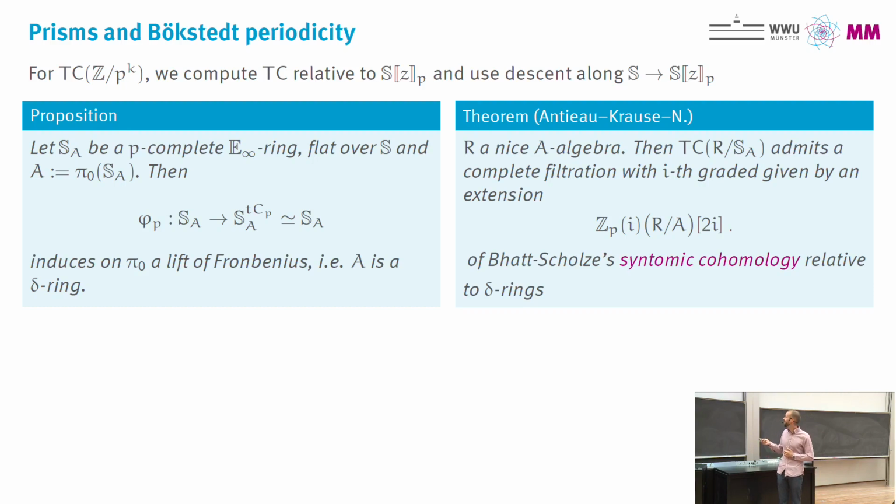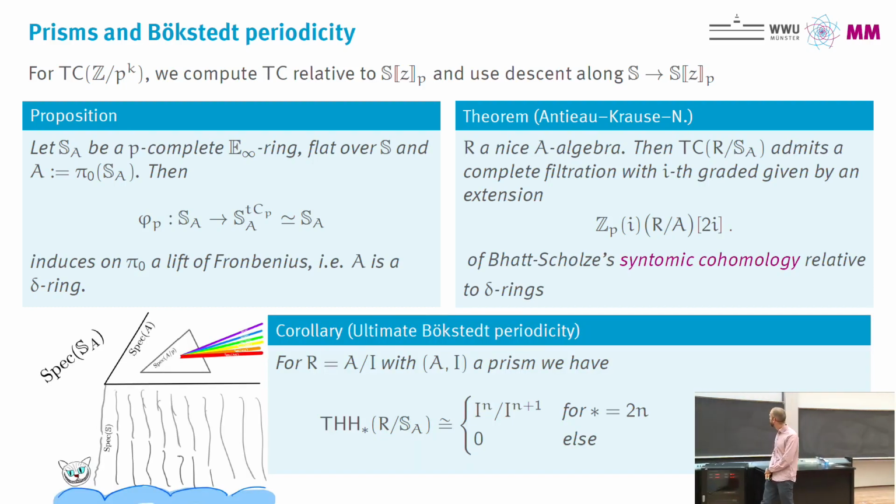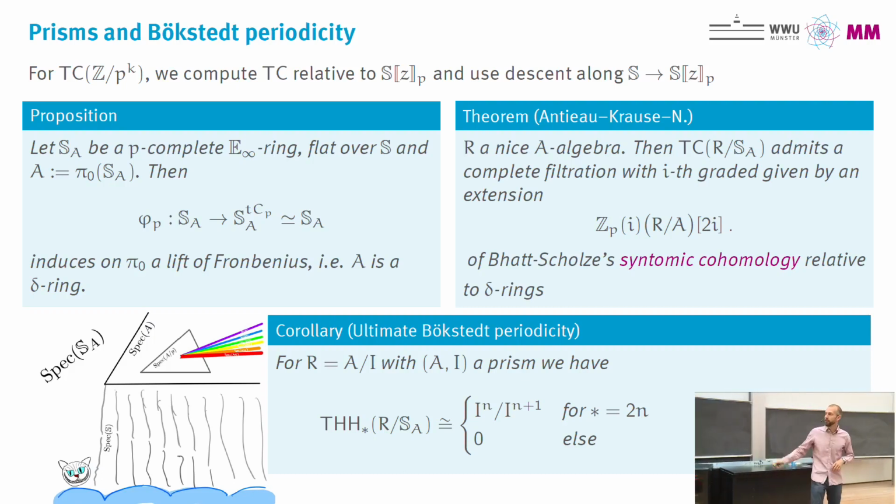Okay, anyways, here's a fun corollary with which I will end. That's what I call ultimate Bökstedt periodicity. Because remember, we had this version, Bökstedt periodicity was a calculation of THH of F_p. And here I claim as a generalization, if you are in the situation where you have this flat ring spectrum SA, and I want to look at R being a quotient of A by an ideal which has a certain condition, which is called a prism condition by Bhatt and Scholze.